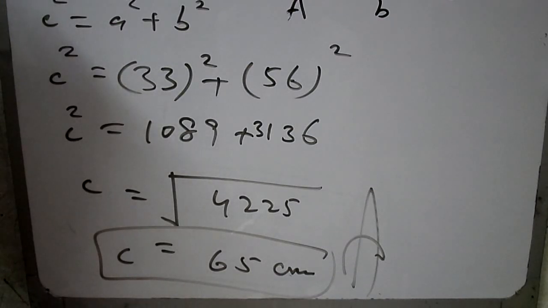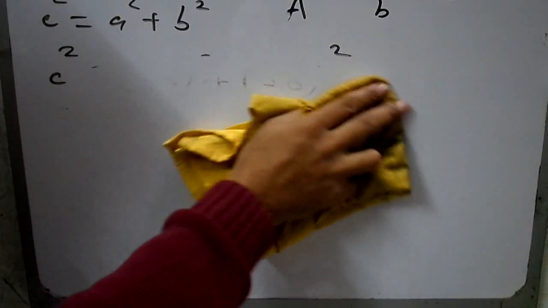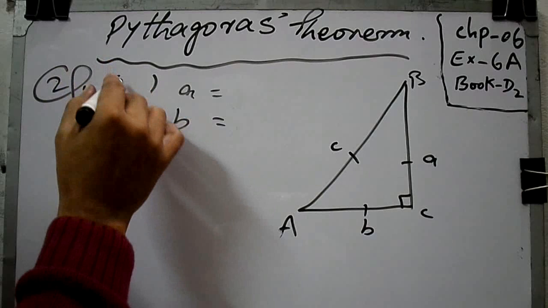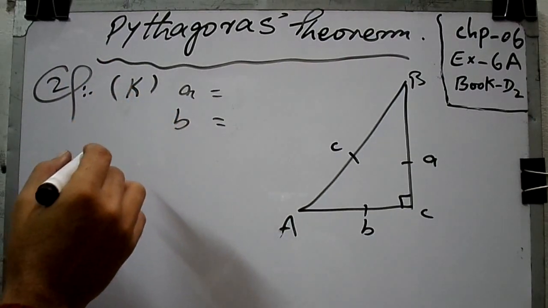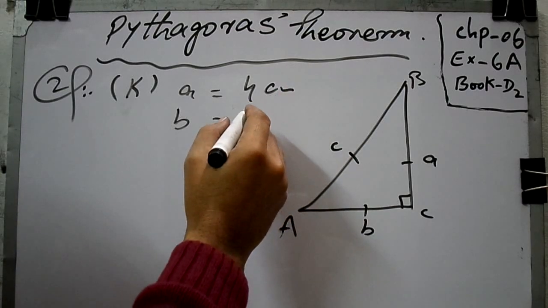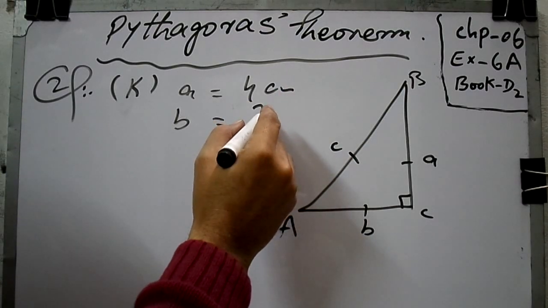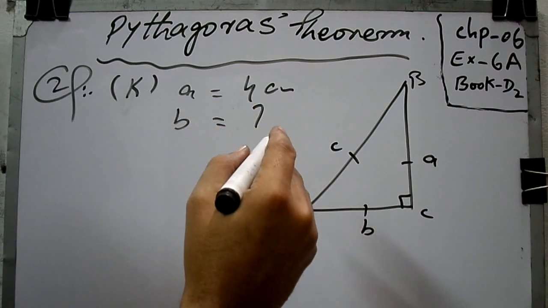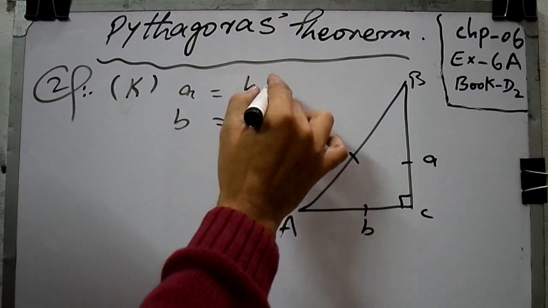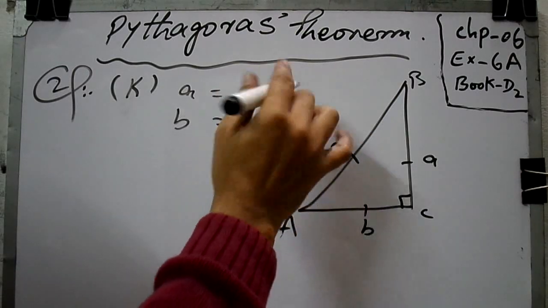Similarly, K, L, M and N, by the same methodology. So your K part, A is equal to 4 meter and B is equal to 7 meter. So it is given to you.